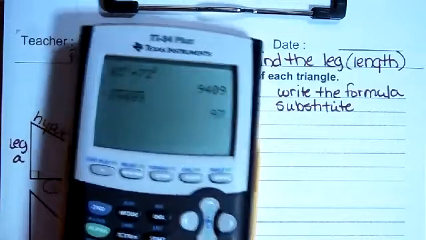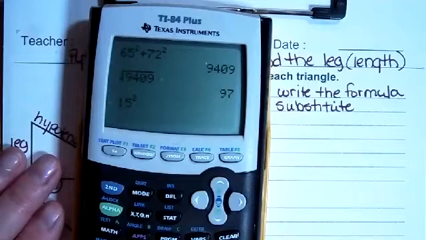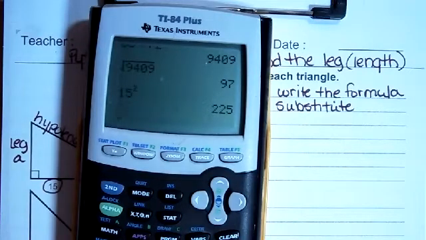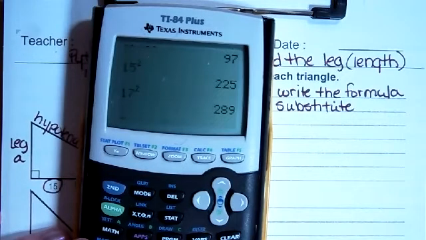Okay, so if I take my calculator and I find 15 squared, it's 225. My other number was 17, so I'm going to square it, and I come up with 289.